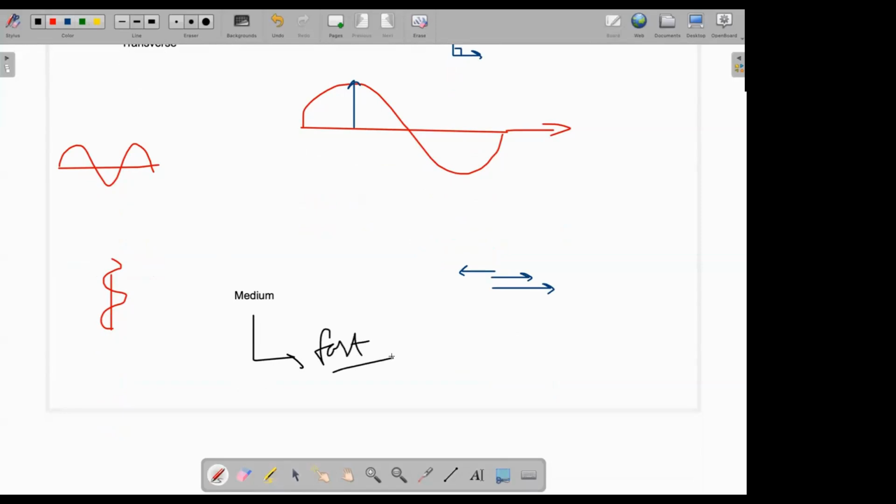What is the speed of light? Do you know? 3 point something times 10 to the power of 8, 3 into 10 power 8 meters per second. The light travels fastest in vacuum. We will be discussing more about this when you go to electromagnetic waves.